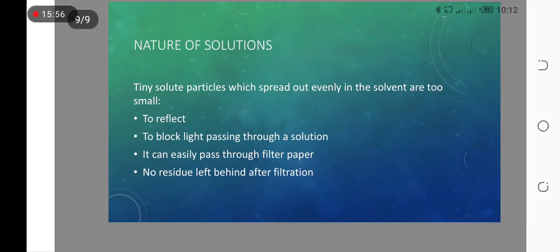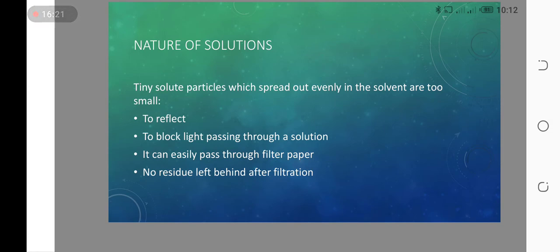Now we will also discuss the properties of homogeneous solution, that is, tiny solute particles which spread out evenly in the solvent are too small, because now they are broken down into the tiny particles when mixed with the solvent.